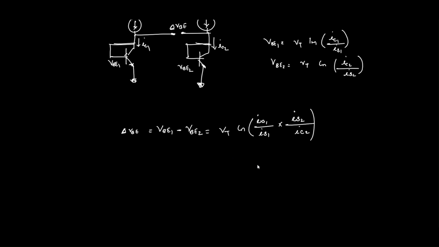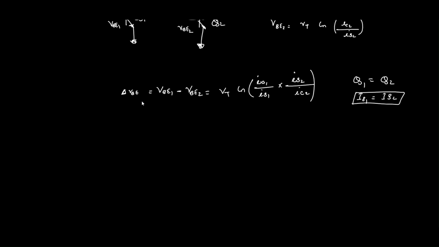In this case, what is the condition for IS1 and IS2 to be the same? As we know, the reverse saturation current depends very much on the device. If we take Q1 and Q2 with the same area, that means Q1 equals Q2, and IS1 should equal IS2, right?